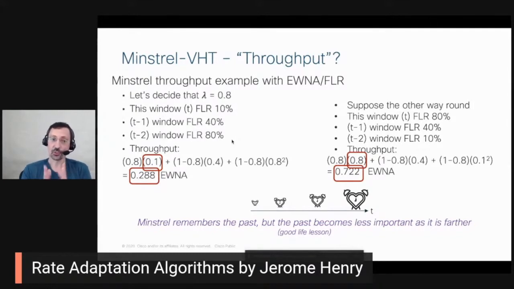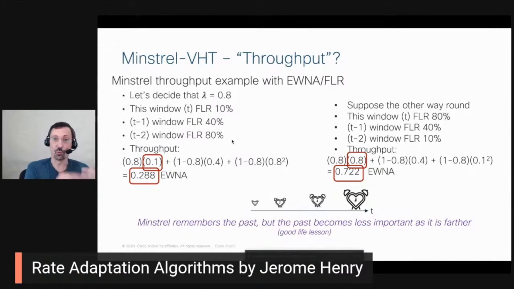So it is not that you have 20%, it's not 0.2, right? You remember that before you had a higher loss than that. So 0.2 would be a fairly good result because you're using lambda 0.8 and you have a 10% loss rate.